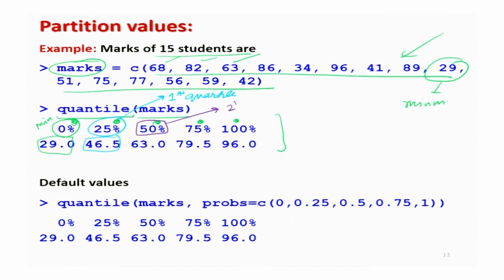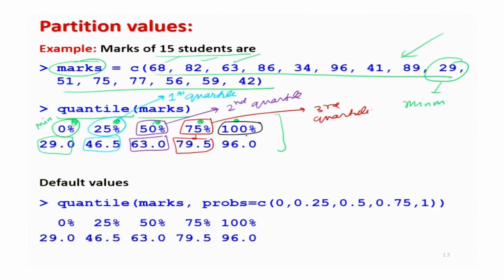Similarly you have the next value, 50%. This is the value of the second quartile, and this value is 63. The next value is 75%, and this value is 79.5. So this is the value of the third quartile. After that you have the last value, which is 100%, the fourth quartile, whose value is 96.